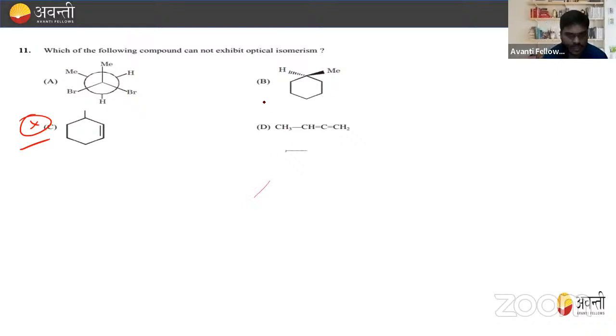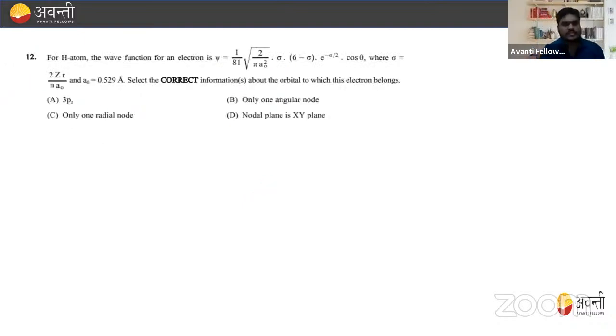This will also show, because these are present in two different states, wedge and dash shape. So A, B, and D show optical isomerism, whereas option C will not show optical isomerism. This is the important one.